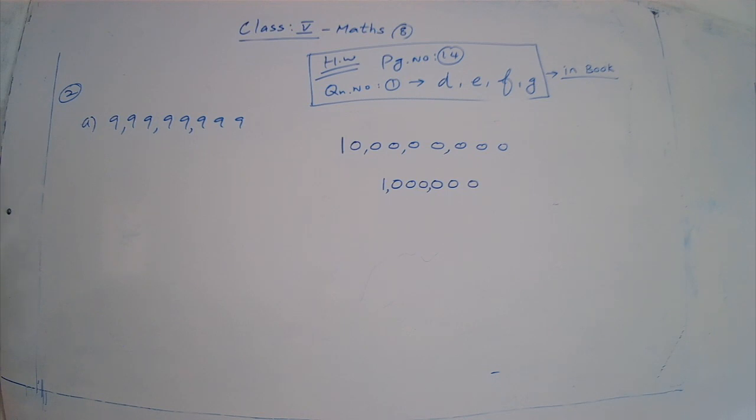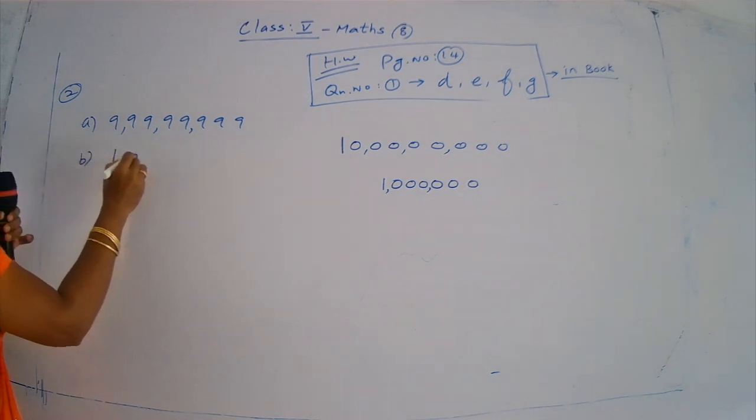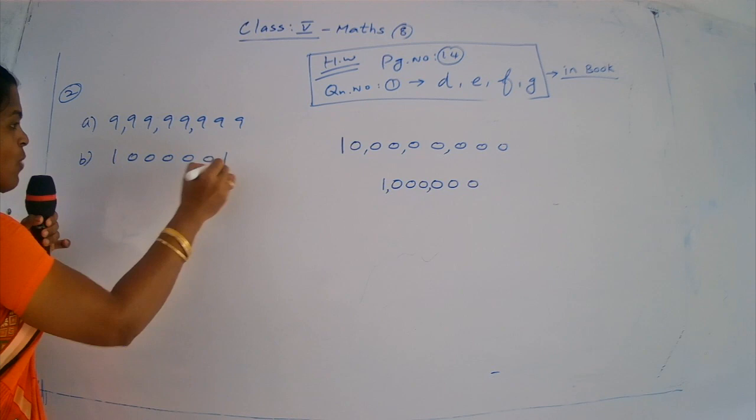Successor means the number that comes just after a given number, a number one more than the given number. We can get the successor of a number by adding 1 to it. So if we add 1 to 1 million, what do we get? 1 million 1. So your answer is 1 million 1.